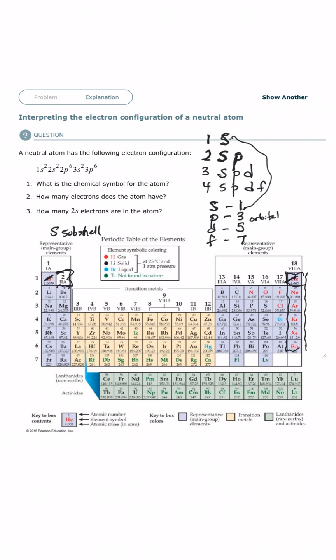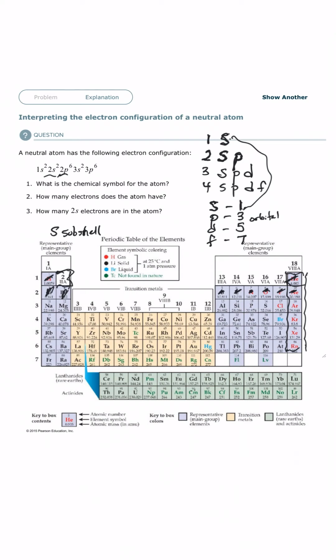Now we have to go to the second shell, which starts with lithium. So we have here 2s1, 2s2, it's full. Now the s subshell is filled. Any electrons past that have to go into the p subshell, which goes from boron, and we have p1, 2, 3, 4, 5, and 6. So 2p6 is up to neon.